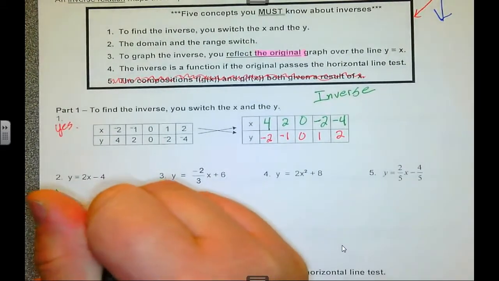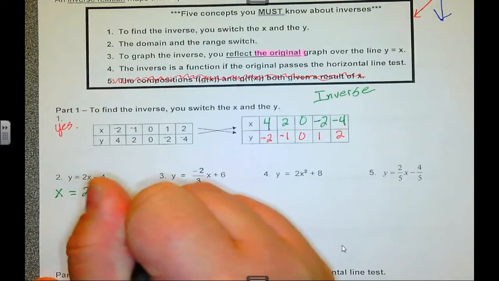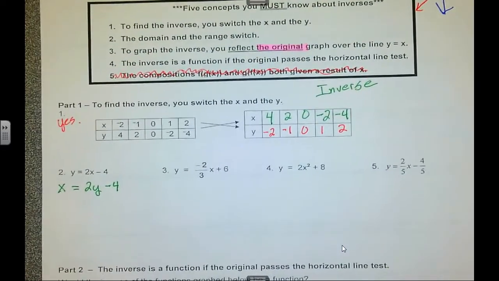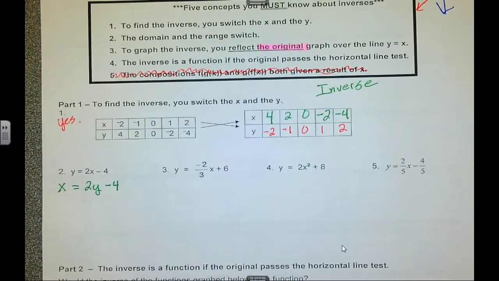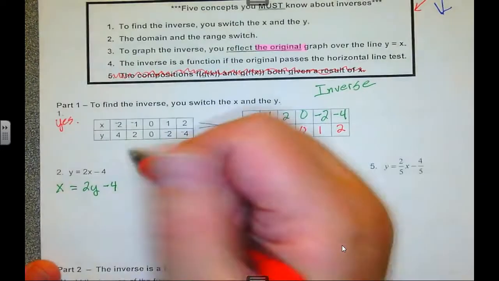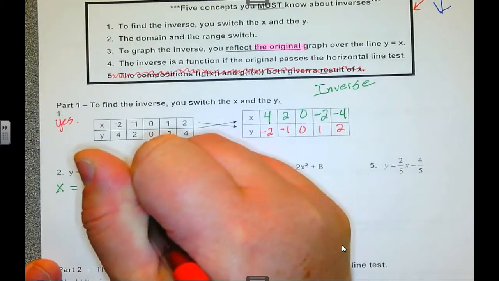So I get x equals 2y minus 4. Here's the tricky part that we did way back in semester 1 and that you did in Algebra 1 that you spent like a week on. You're going to have to solve for y. You have to get y by itself. Isolate y.